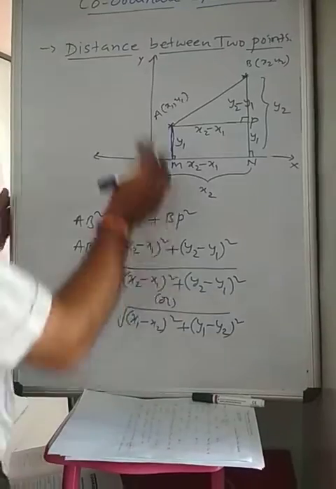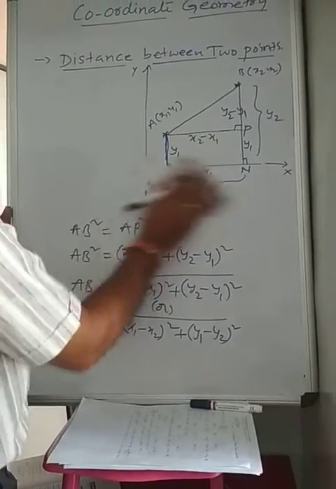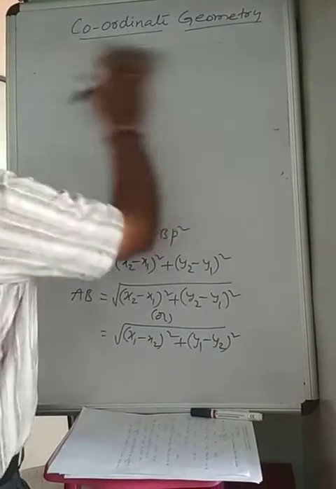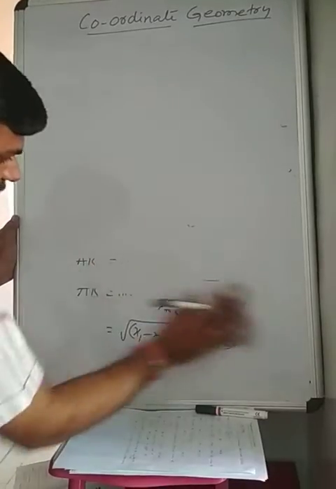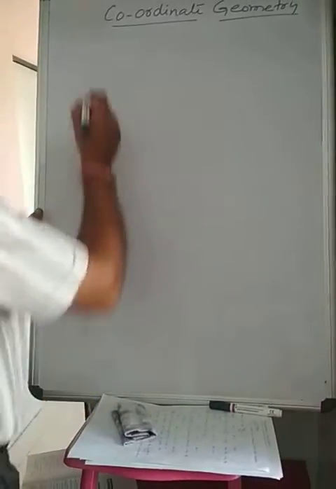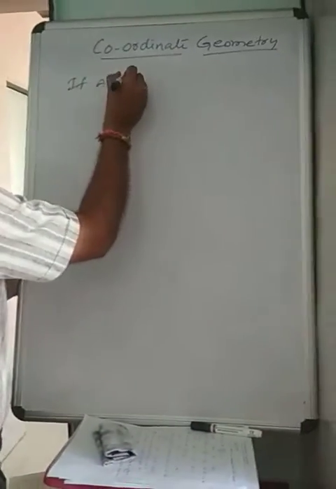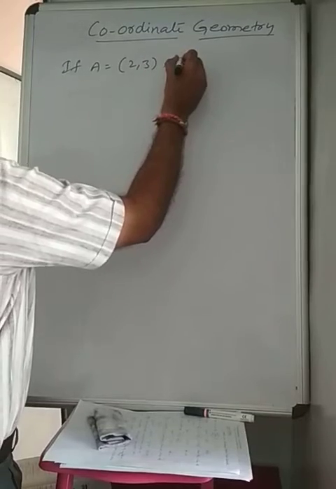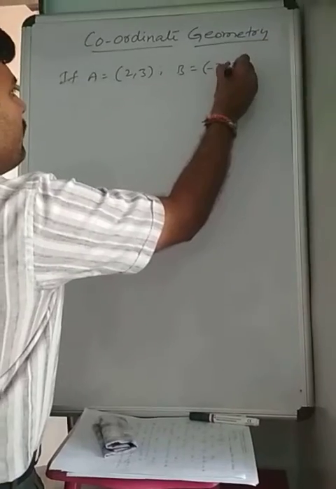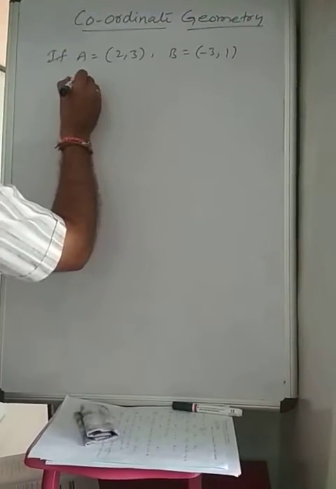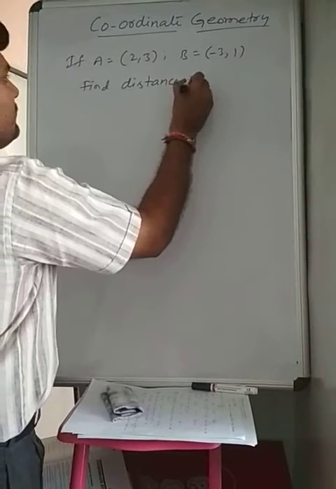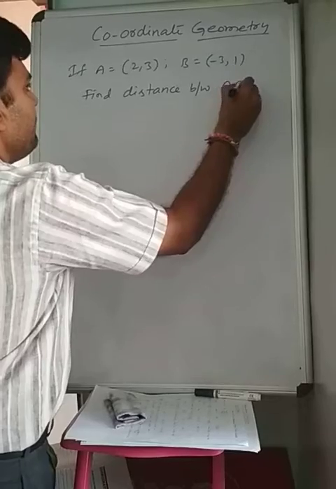Now based on this, see one example. If A is equal to (2, 3) and B is equal to (minus 3, 1), find the distance AB.